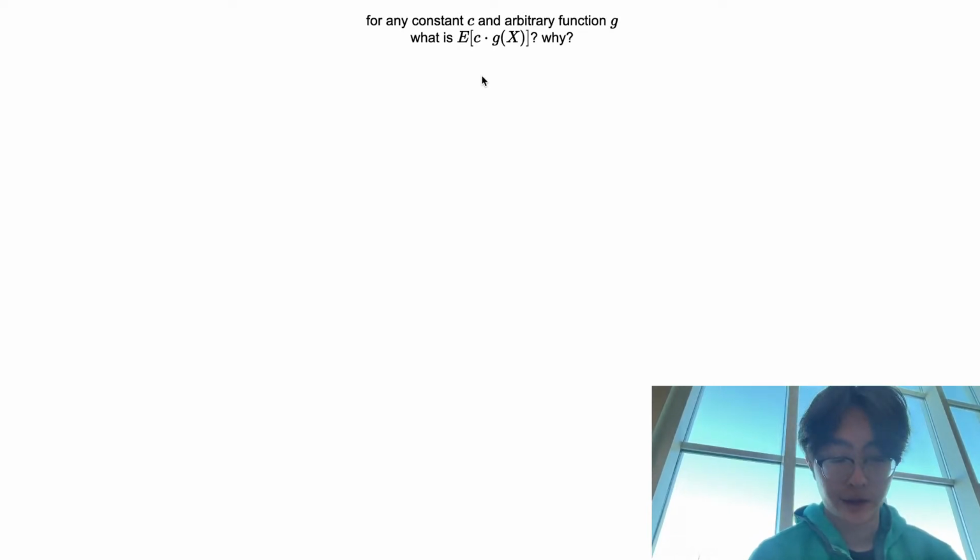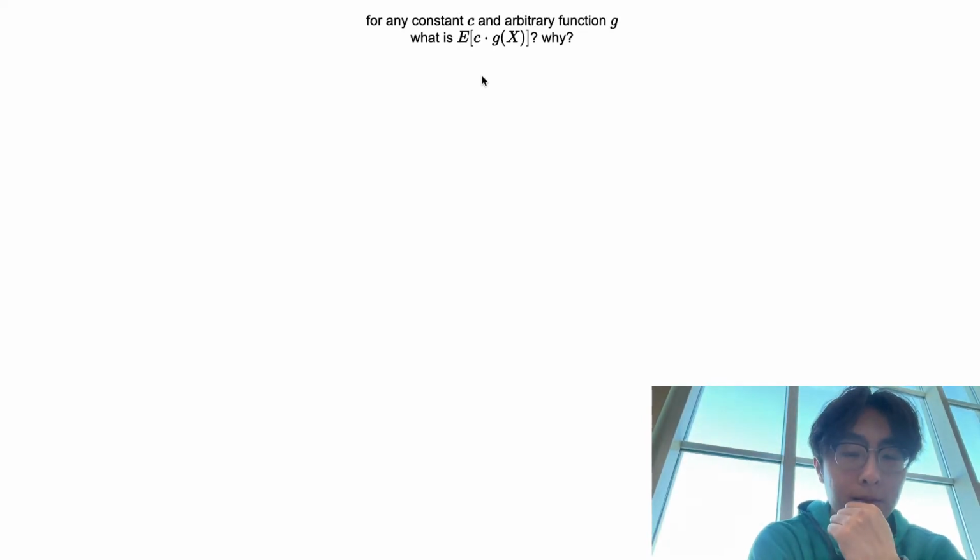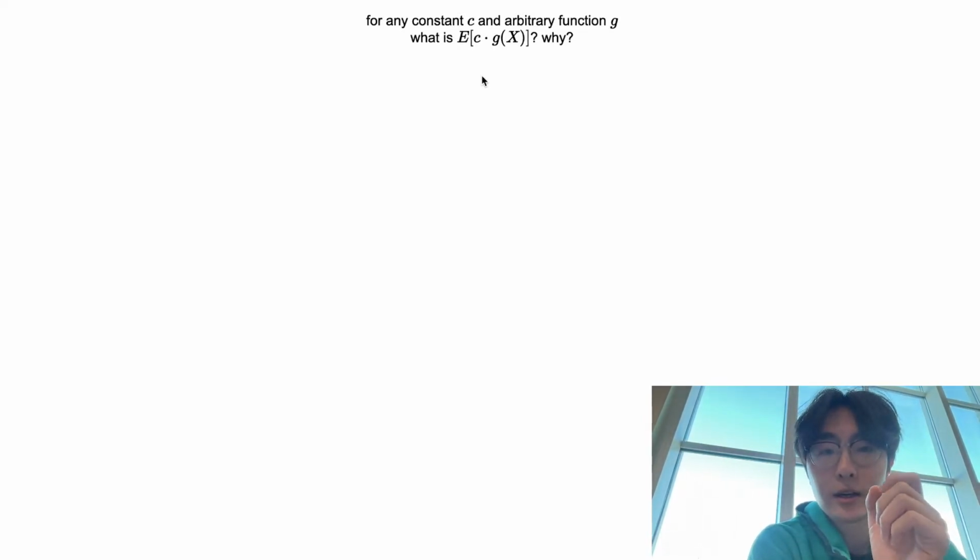And the reason we can do that is expectations are linear, and so we can split up the multiplications into each individual expectation and then take the product of them at the end.